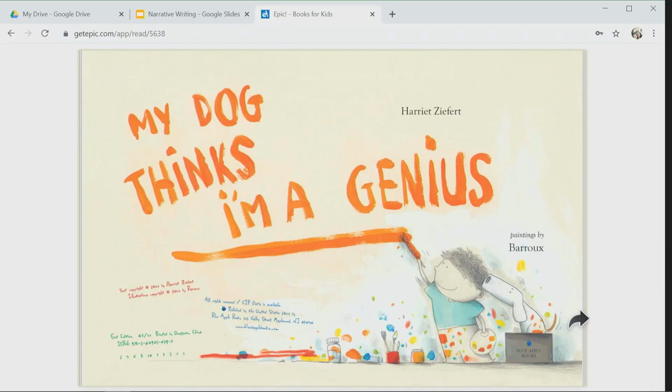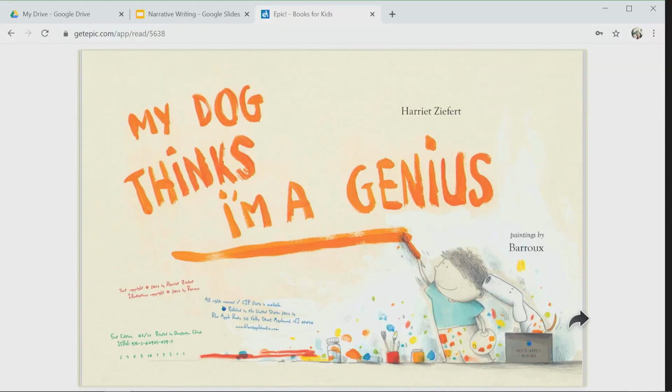All right, and now it says the paintings or the pictures are by Baraks. So, if the paintings or the pictures were by Baraks, does that make Baraks the illustrator or the author? Think about it. If you said Baraks is the illustrator, kiss your brain. You are so smart. Oh, I can feel your first grade brains at work.